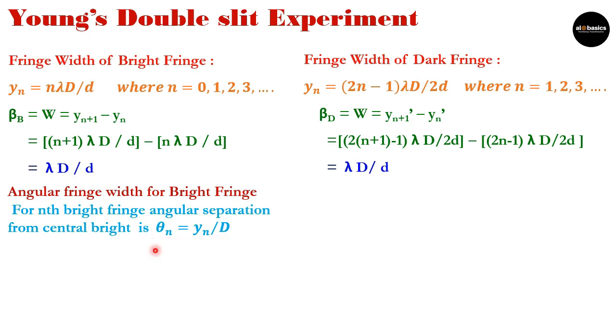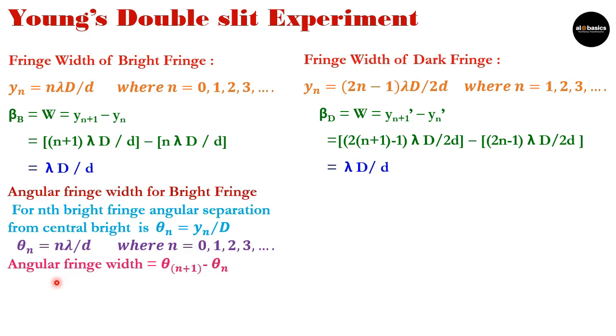Now the procedure for determining angular fringe width is similar to that for determining the fringe width, or to determining the separation between two consecutive bright or dark fringes. We'll find out first of all theta n by substituting value of yn from this equation, and we get theta n is equal to n lambda by d.